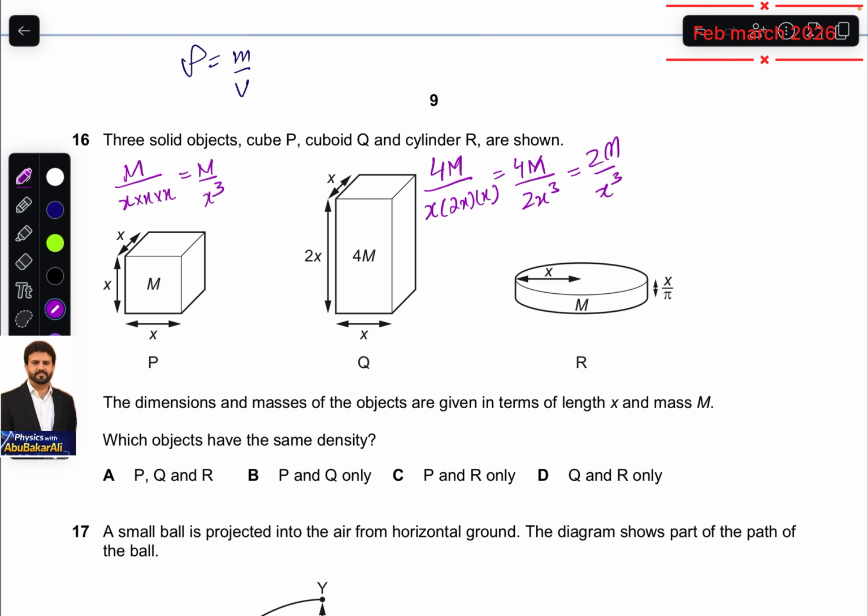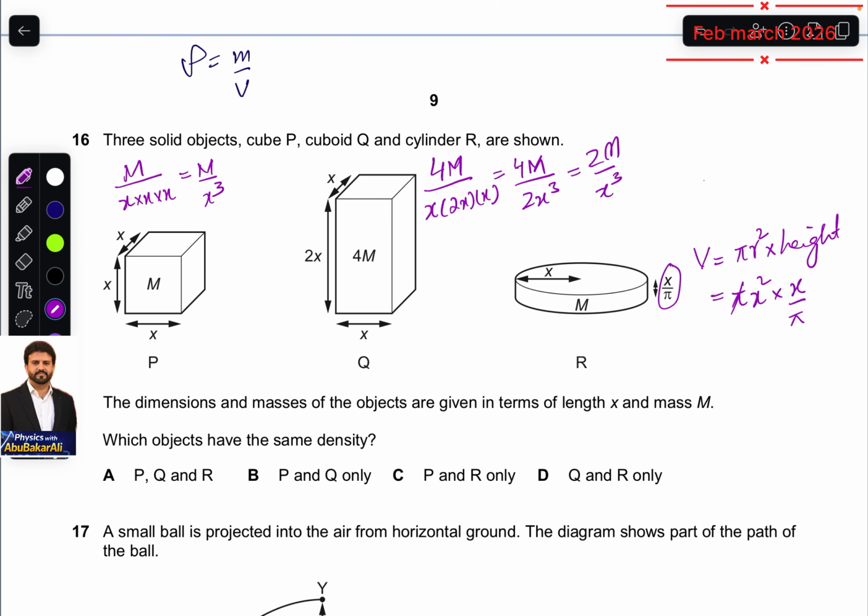And for this one, it's a cylindrical shape object. Yes, it's a cylinder. So the volume of a cylinder is the area multiplied by the height. So it can be pi, radius x squared, multiplied by the height, which is x over pi.